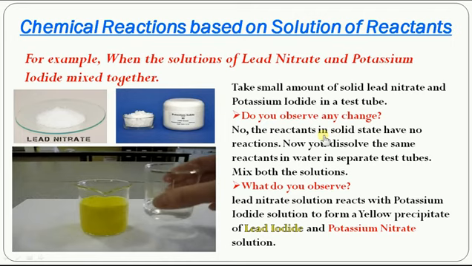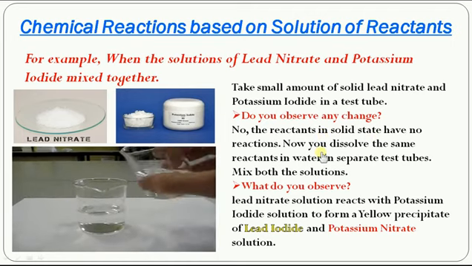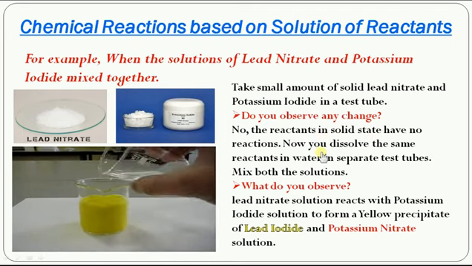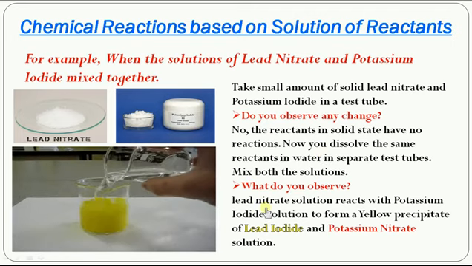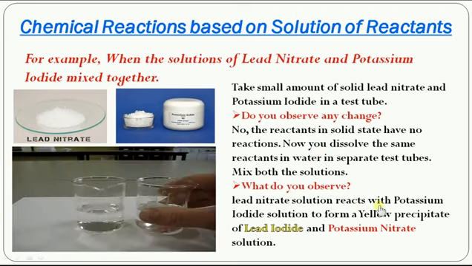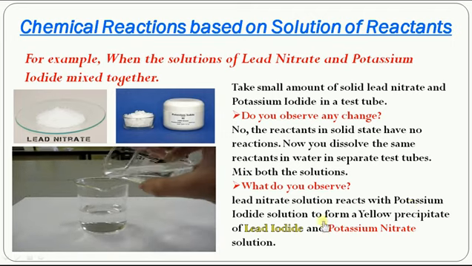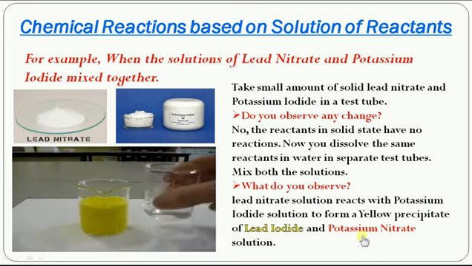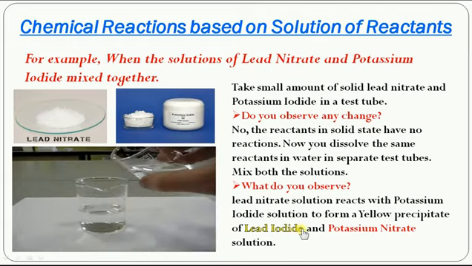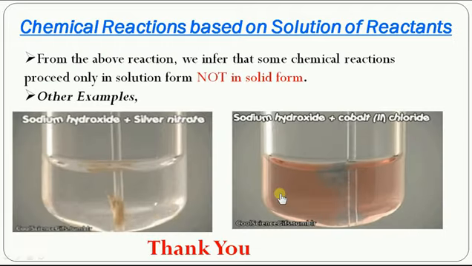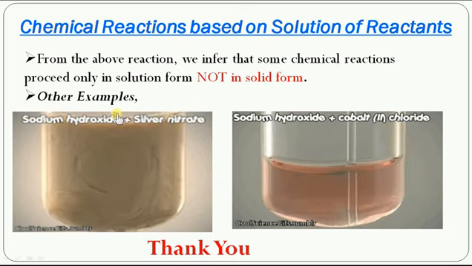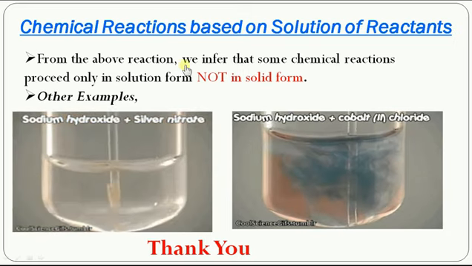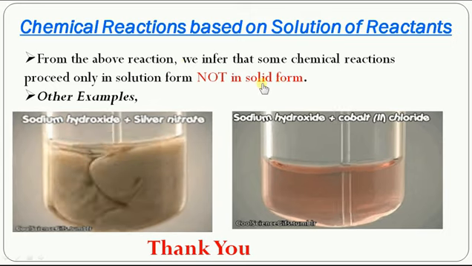The reactants in solid states have no reactions. Now we prepare solutions, and if you mix them, the lead nitrate solution reacts with potassium iodide to form a yellow precipitate, lead iodide, and potassium nitrate solution. So what you have understood is that some reactions happen only in solution form, not in the solid form.